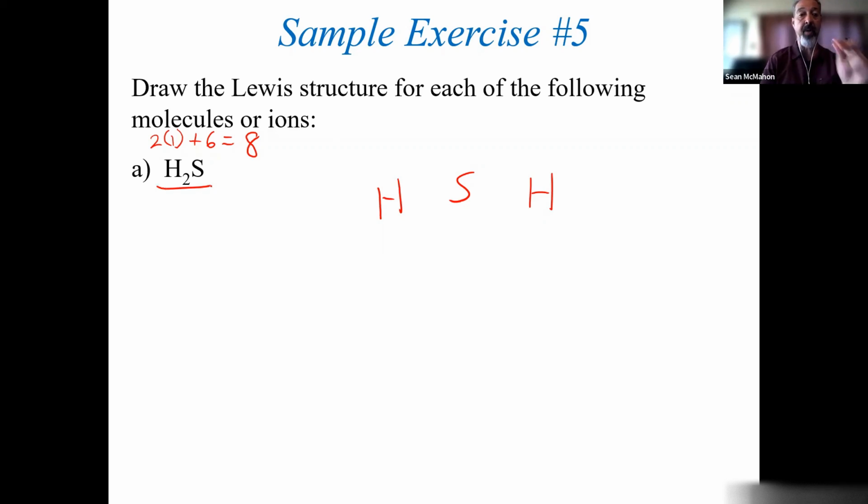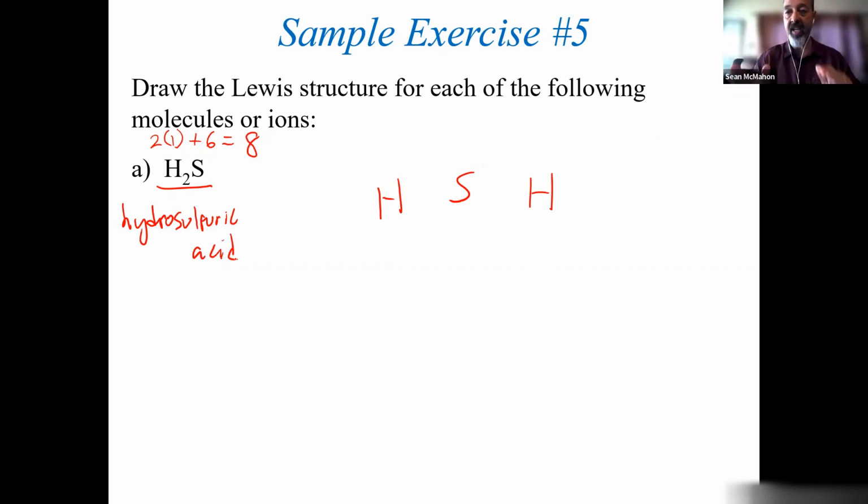Yes, it's a binary acid. How do I know it's an acid? It has hydrogen and a non-metal, and it's binary. Could I name this? Binary acids have the hydro prefix. This is hydrosulfuric acid.